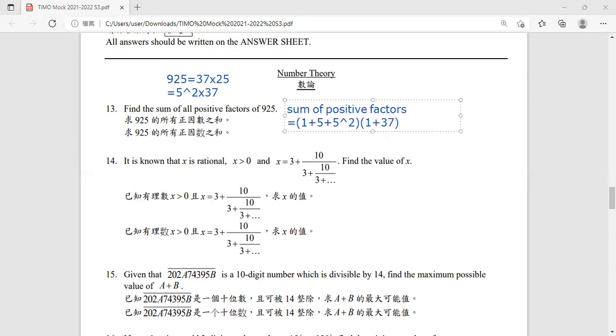Which equals what? Any questions? Just that.